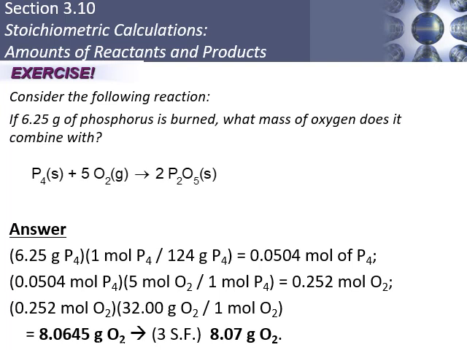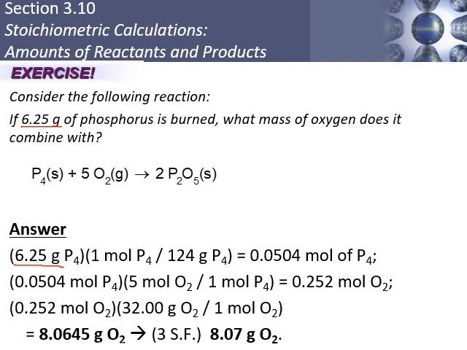So we start off with how much we have of the P4, and that is 6.25 grams, which was given to us in the problem statement, right? It's right here. Now look up phosphorus in your chart, and it looks like it's 31 grams per mole. But be sure you check that to see how we got that, okay? So phosphorus, let's see, if we divide that by 4, we get 31, yeah, so 31 grams per mole.